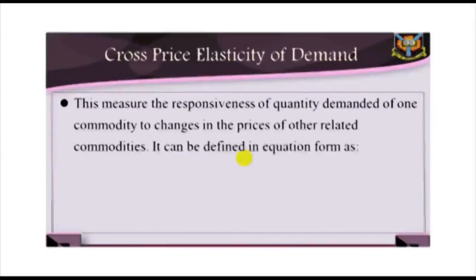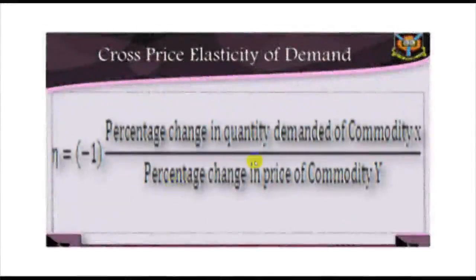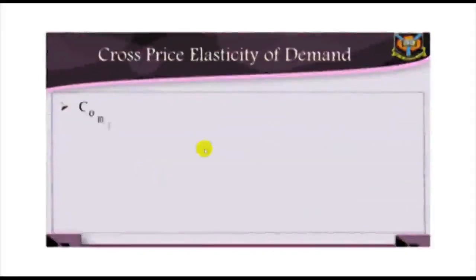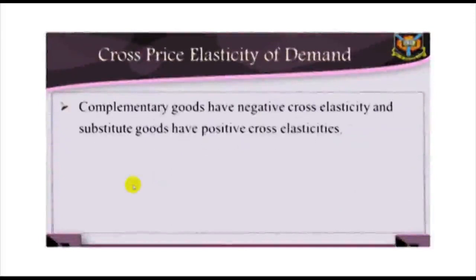It can be defined in equation as N equals -1 times percentage change in quantity demanded of commodity X divided by percentage change in price of commodity Y. Cross elasticity can vary from minus infinity to plus infinity. Complementary goods have negative cross elasticities, while substitutes have positive cross elasticities.